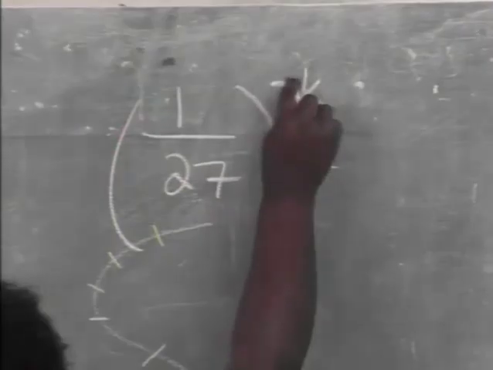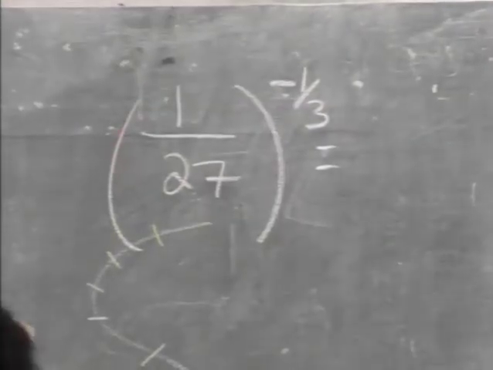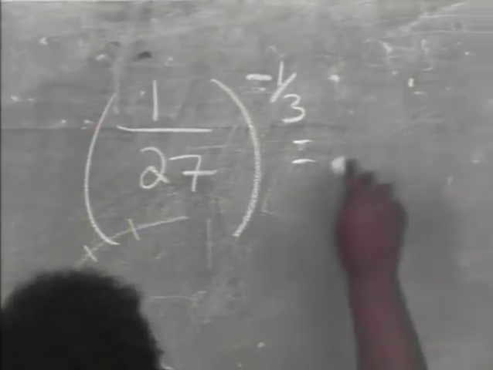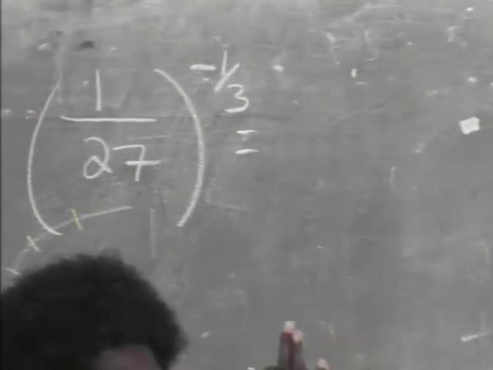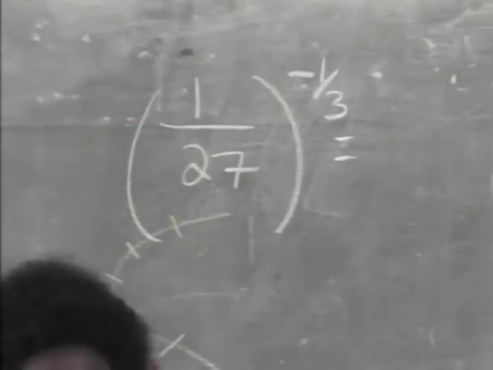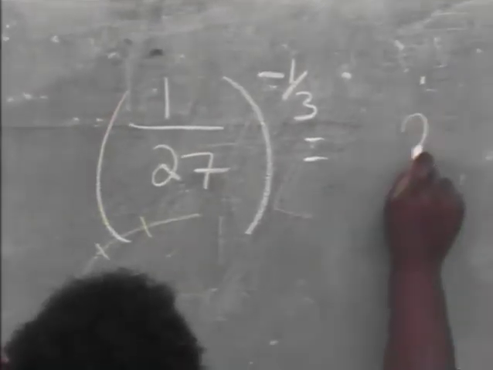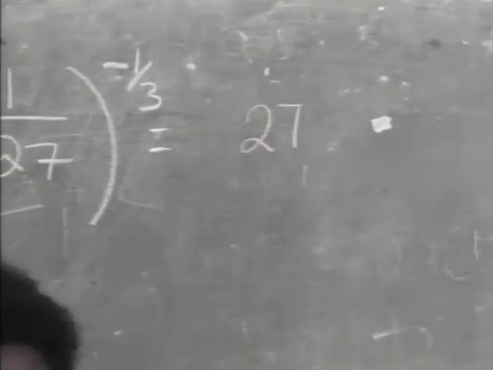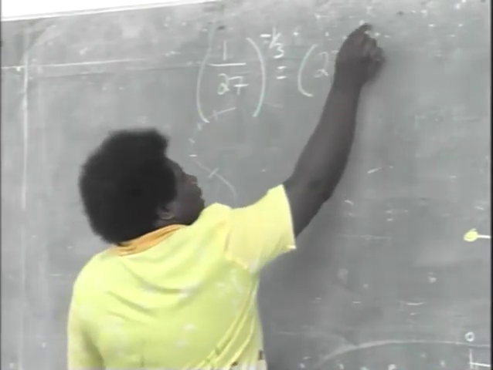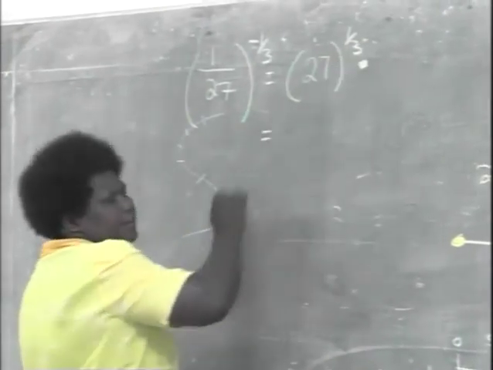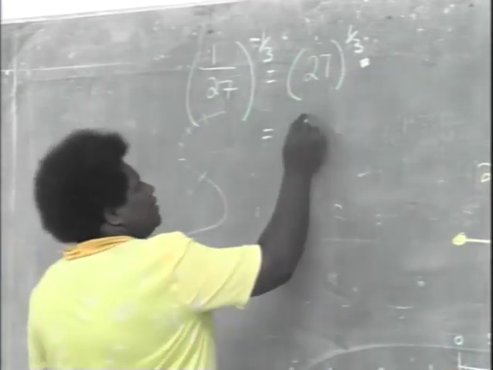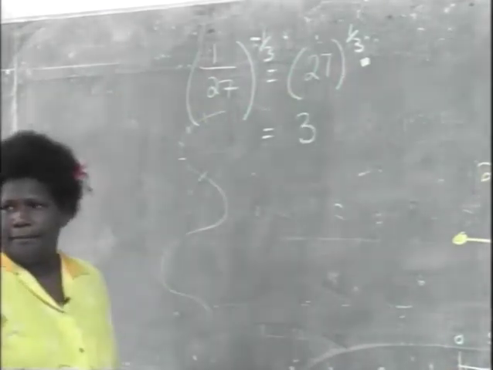Which means if it's a negative sign, then it will have to be the reciprocal of that. So the shortcut is the one I told you. You get the reciprocal of 1 over 27, which is 27, and you raise it to a power of not 3, 1/3. Which means you are looking for the cube root of 27, which is 3.